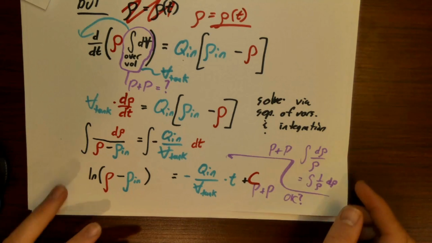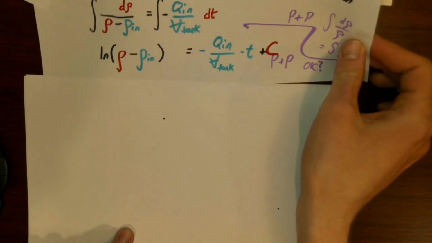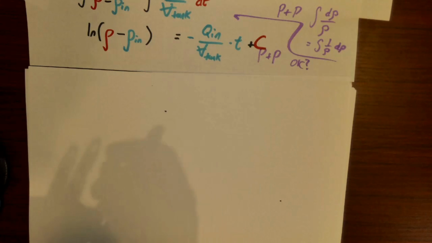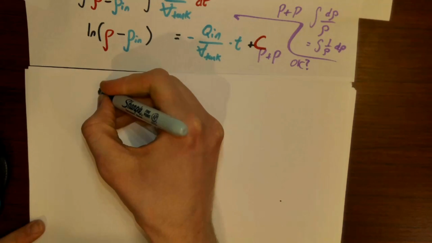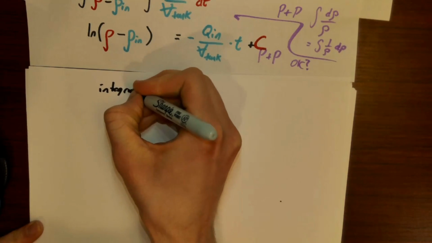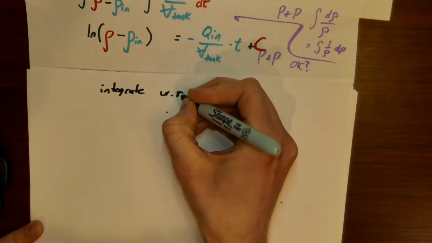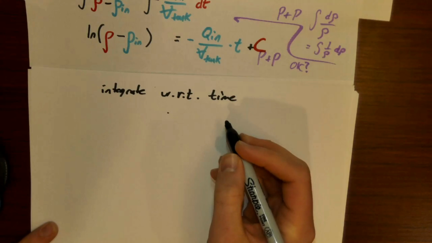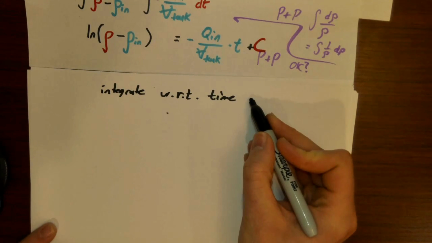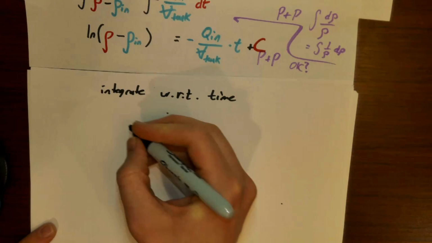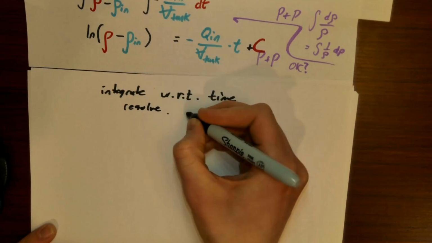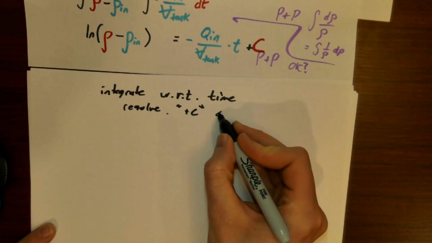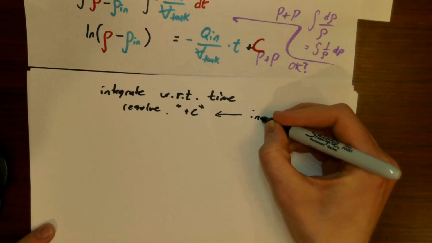So how do we deal with this plus c? Let's deal with it right now. So in general, when you integrate with respect to time, you generally resolve the plus c business with what's called initial conditions.